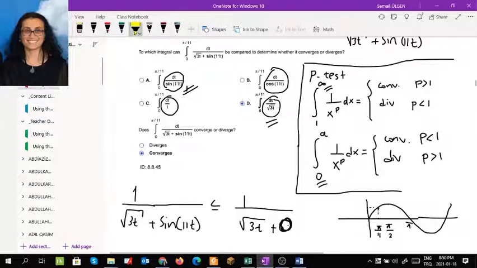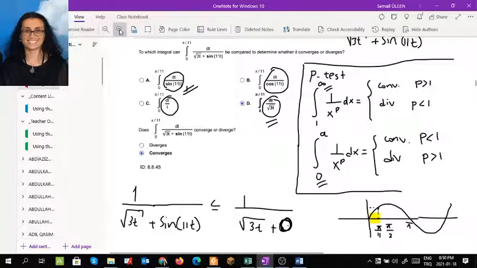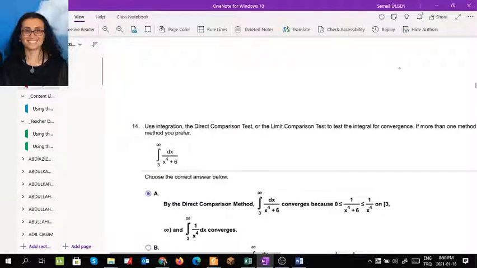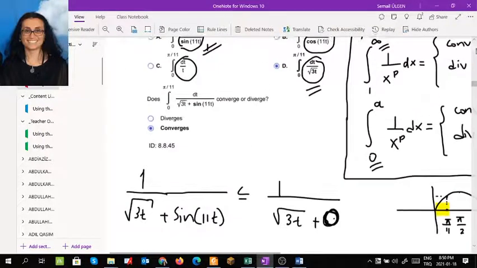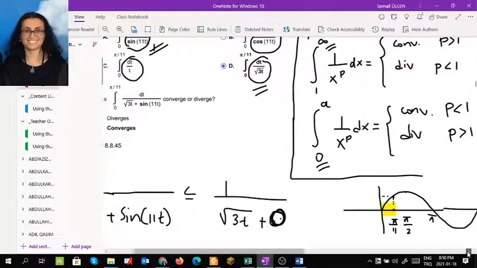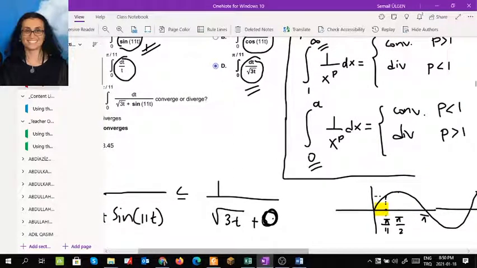Look, on this interval here, if I can enlarge it a little bit, okay, this is what I meant. On this interval 0 to pi over 11, sine is positive.